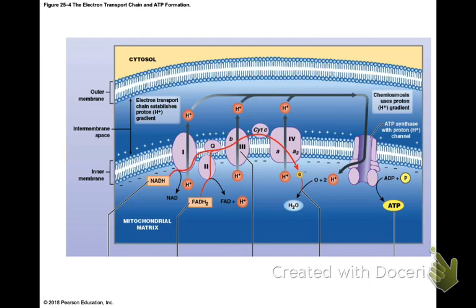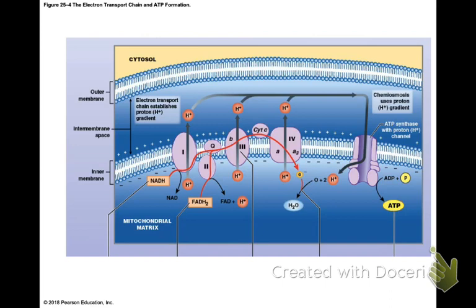And all of those hydrogens are just clustered in that little tiny intermembrane space, giving you a very high concentration of hydrogen there. And then notice the ATP synthase on the far right. It's got a proton channel, a hydrogen ion channel that lets the hydrogens back through. And as they funnel through there, they release enough energy to produce an ATP.